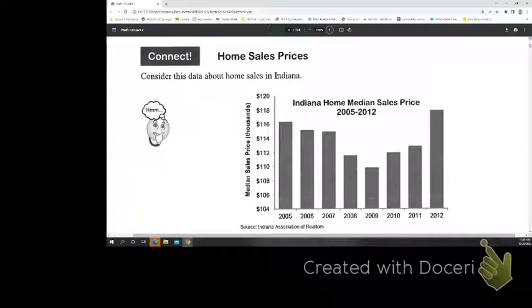The state's median sales price for existing homes was 4% higher than in 2011. Does the graph look like a 4% increase from 2011 to 2012? So when I compare 2011 and 2012 visually, does this just look like a 4% increase?